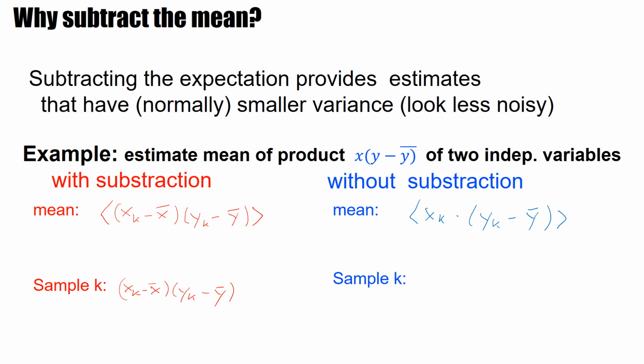Well, by construction, because y has a mean y bar, and I assume that x and y are not correlated, x and y are independent, then this is 0. And of course, this is also 0 on the left-hand side. So the two situations have the same mean.